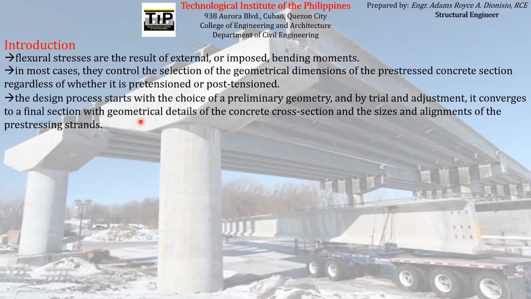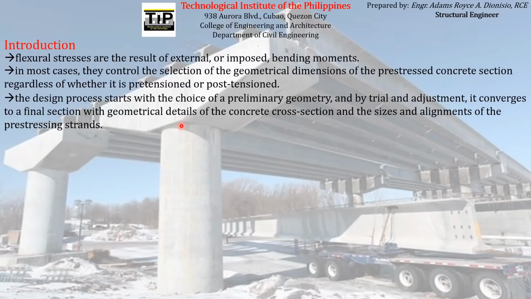So usually the assigning of those preliminary sections requires what we call enough experience in terms of the actual design. The selection of that particular preliminary section usually requires experience.